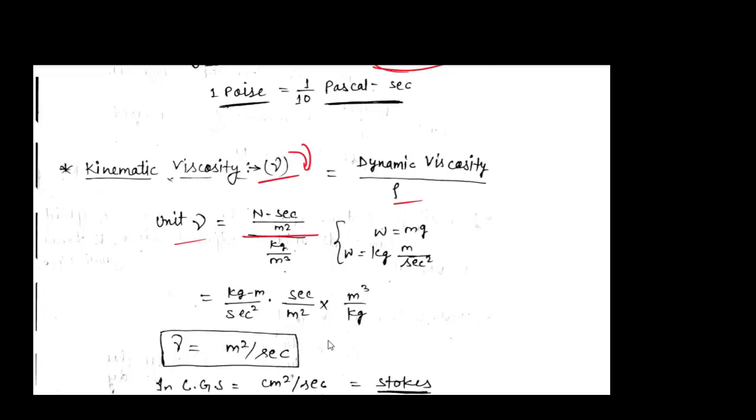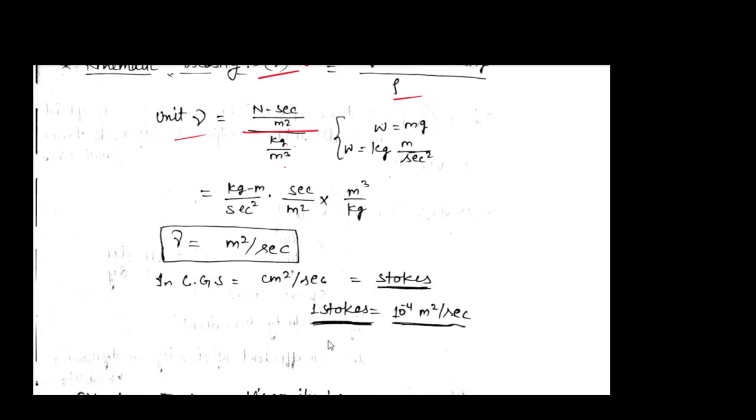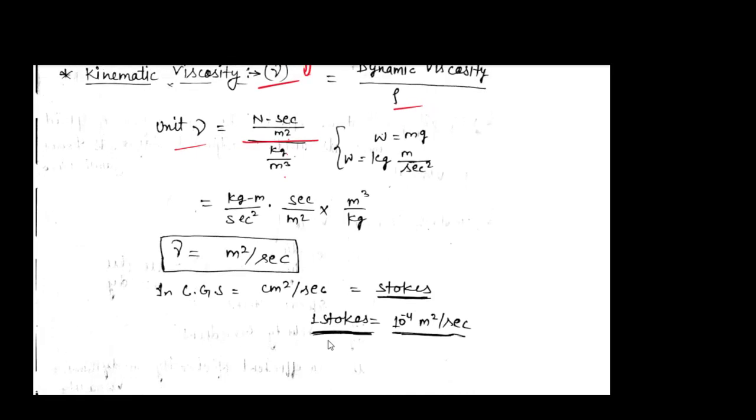On simplifying, it becomes meter square per second. In the CGS system the unit for kinematic viscosity is the Stoke.